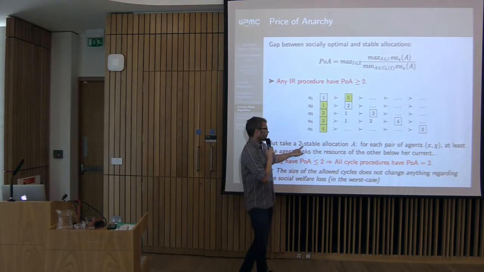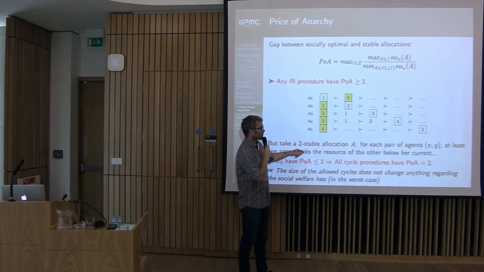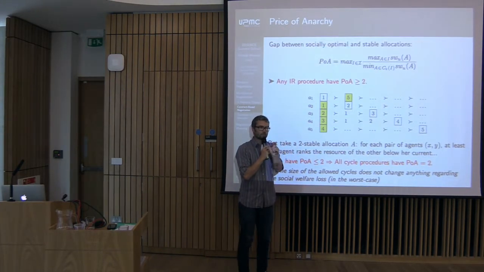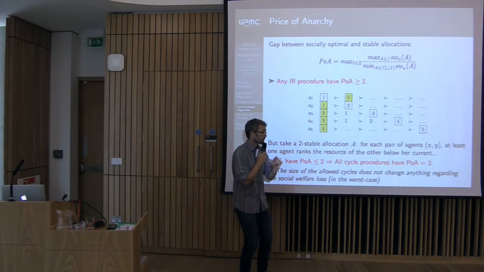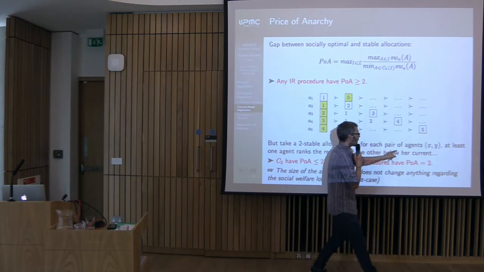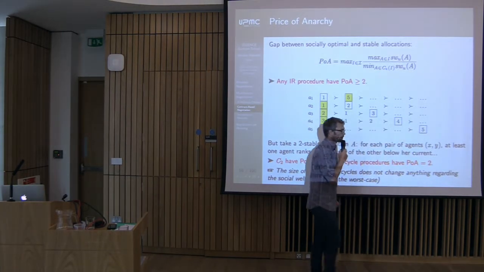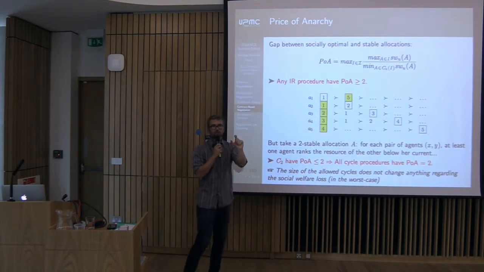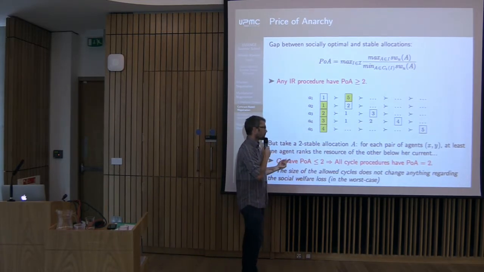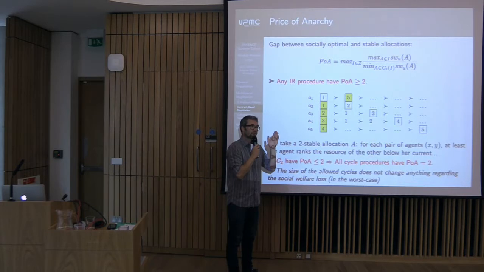If I am in a two-stable allocation, so in an allocation where it's stable for deals involving 2 agents, then what does it mean? It means that for each pair of agents that I can consider, at least one of them, if it's stable, then no deal is possible.